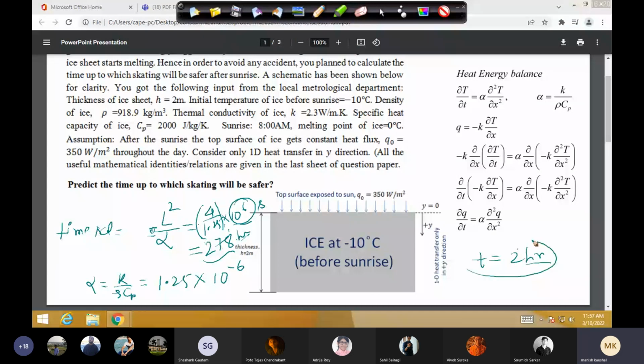What do you think, Adrija? Yes, because 2 hours is very small compared to 278 hours. So we can safely say it. At least from this calculation we know that it will take minimum 200 hours for that effect to reach the bottom point.